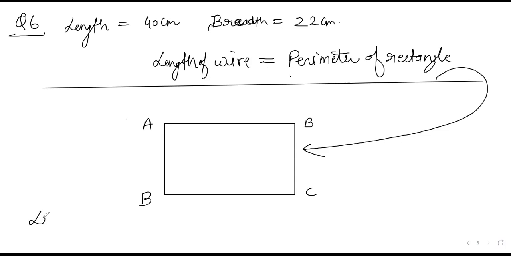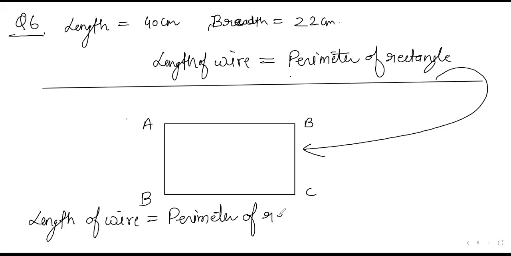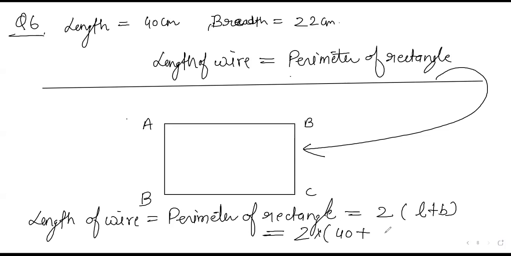Okay, so now the length of wire is equal to the perimeter of the rectangle, that is simply 2(L plus B). So 2 multiplied by (40 plus 22).